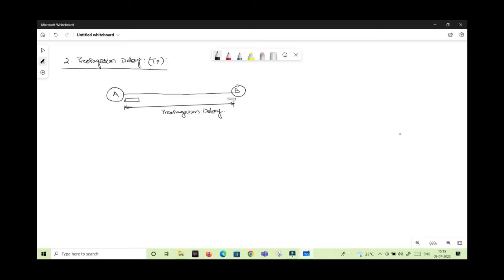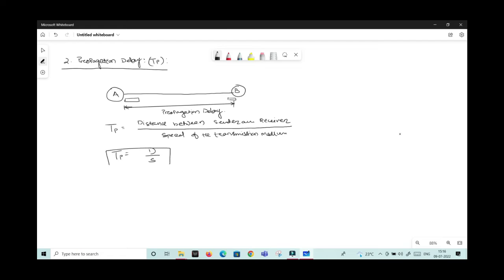So what is the formula for the propagation delay? It depends upon the distance between sender and receiver divided by the speed of the transmission medium. If you consider distance as d and speed as s, then the propagation delay is d by s.